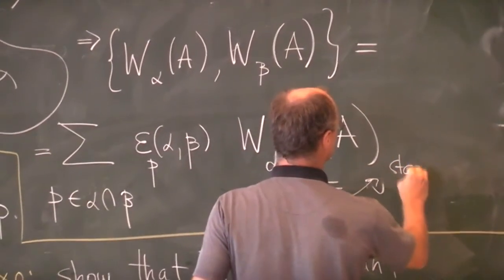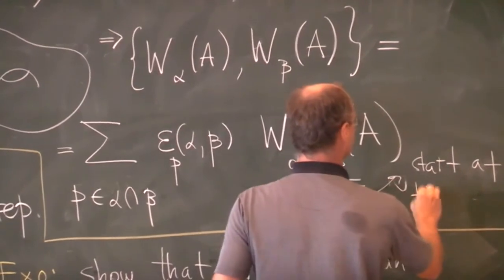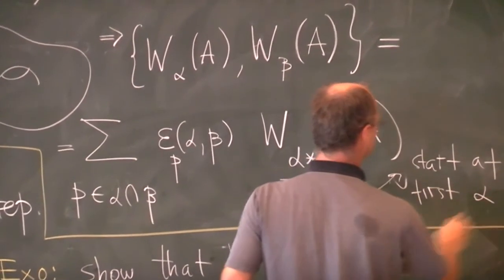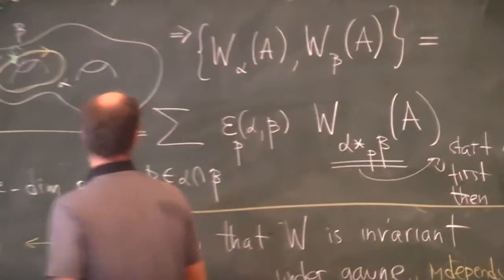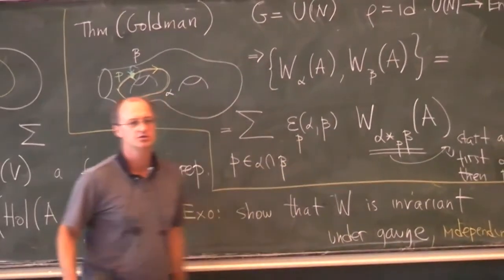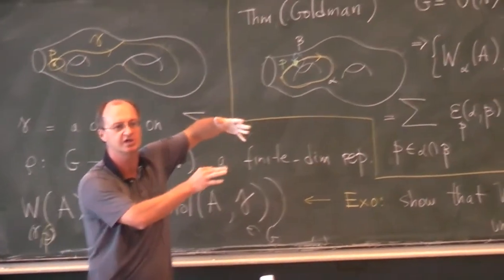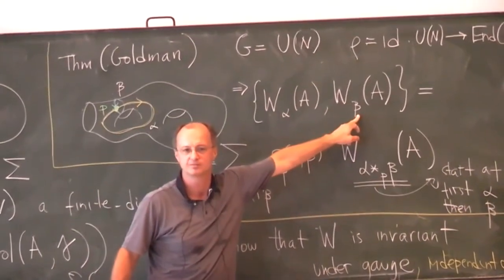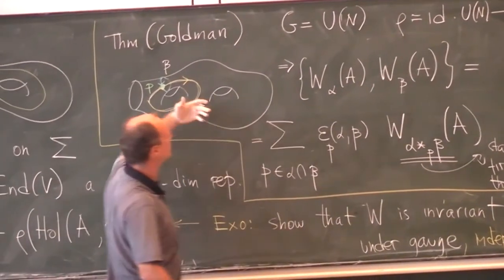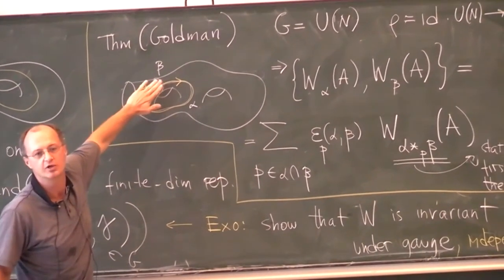So start at P, and then first do alpha, and then do beta. Now what is this sign? These are two oriented curves which intersect transversally, and we know which one is the first and which one is the second. So these two curves induce an orientation at this point.